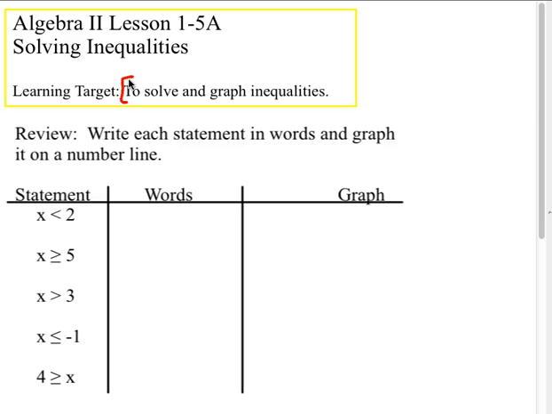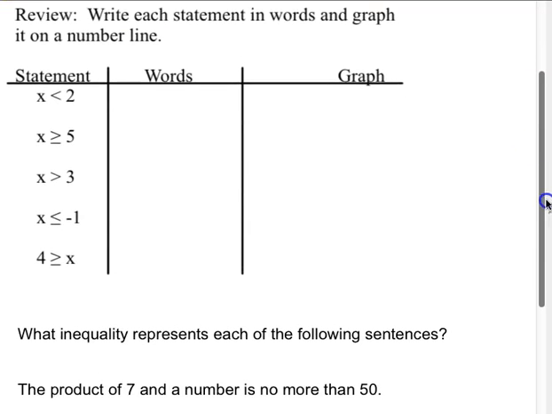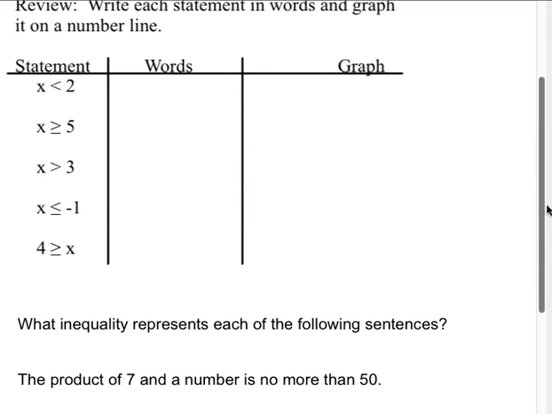So let's review what we would have done back at the expo level, okay? So let's just review the language of how we'd read these statements. So each of these I'm going to say is X is, so I don't have to rewrite that every single time.